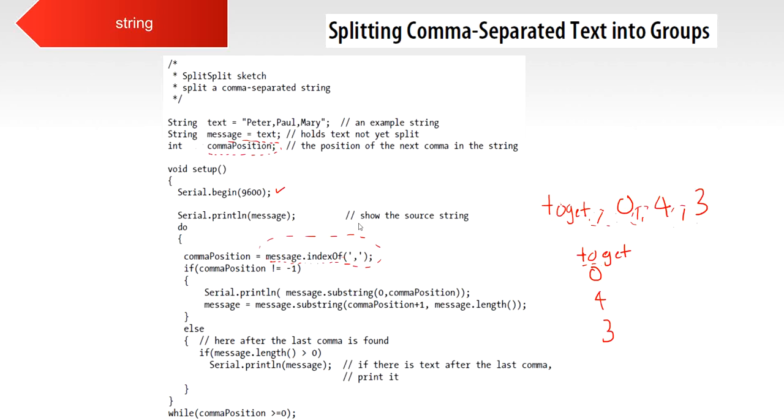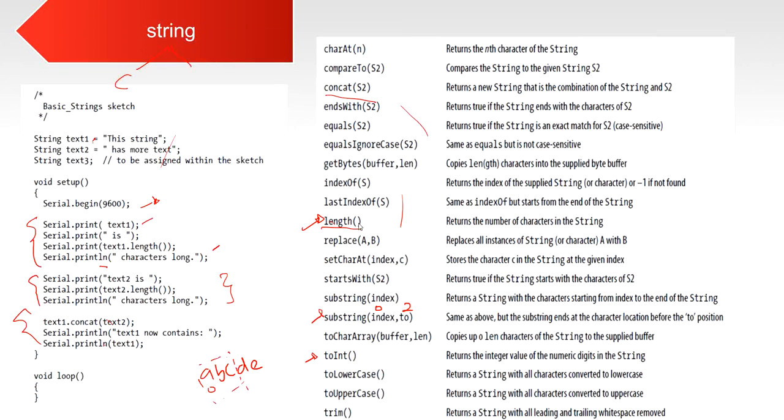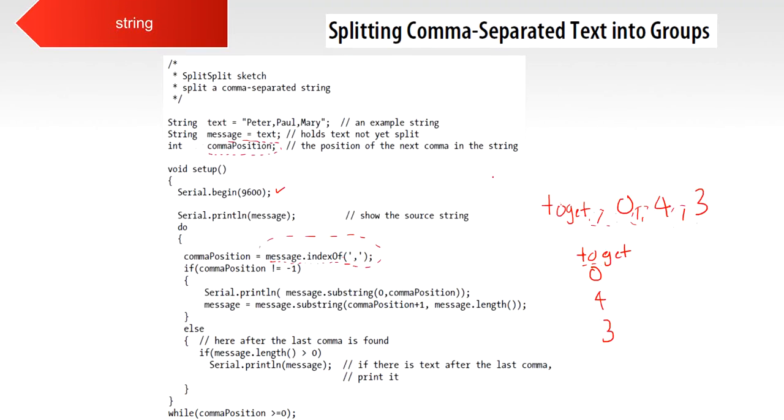If we look back, indexOf is the function that returns the index of the supplied string or character. In this case we supply the comma character, so this function gives the location of the comma detected in the string.